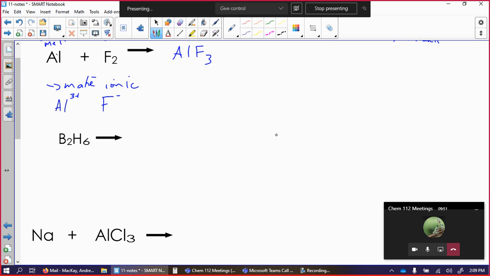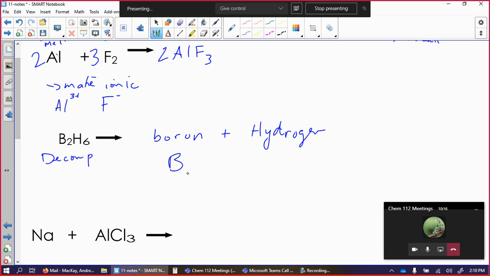So one thing going, this must be decomposition. Well, what two elements are there in that? Well, we've got boron. Oh, and we can balance that. Technically, you need to balance it. Boron and hydrogen. Boron is B. Hydrogen is one of the Brinkelhoff or diatomic molecules, so this must be H2.